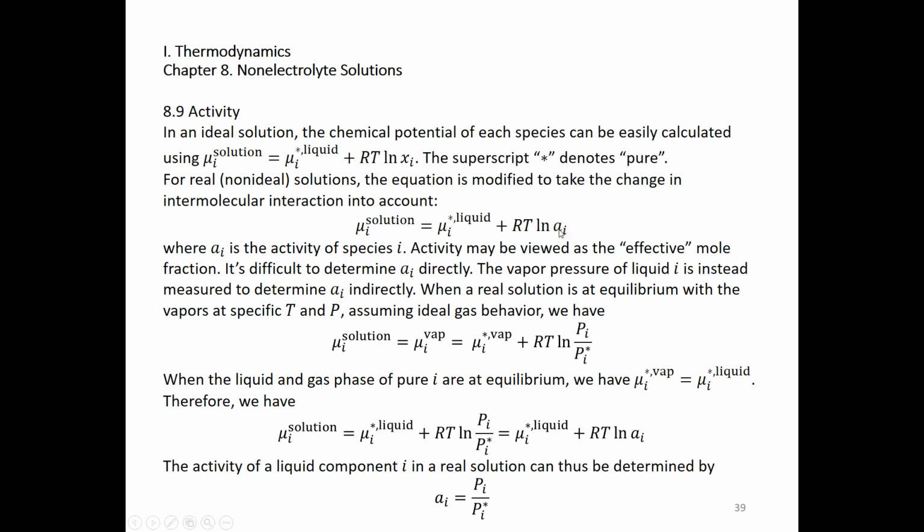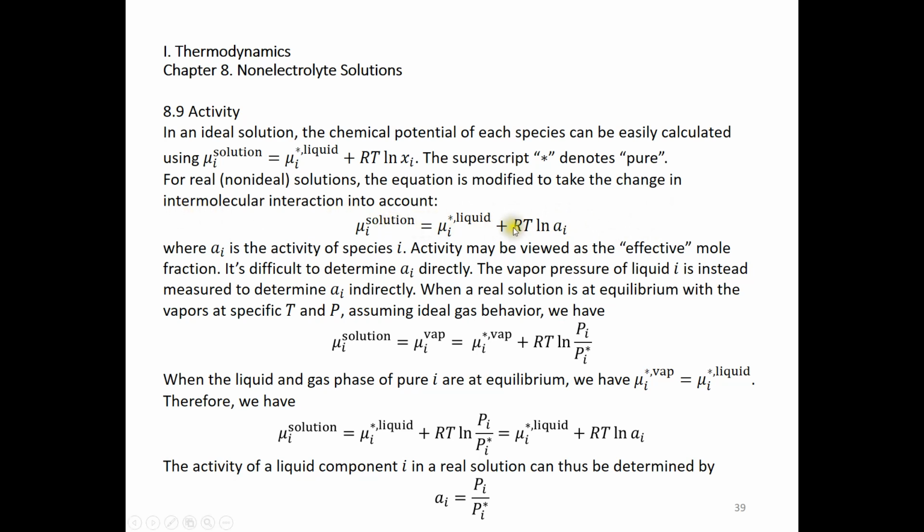So now, why activity? Activity may be viewed as the effective mole fraction. However, it's more than just the mole fraction. In activity, the intermolecular interactions are taken into account.